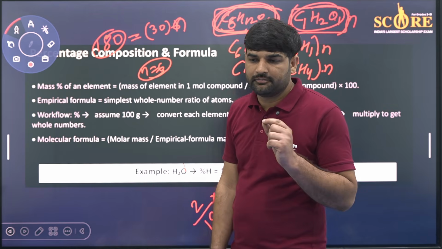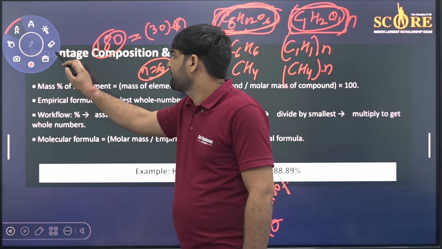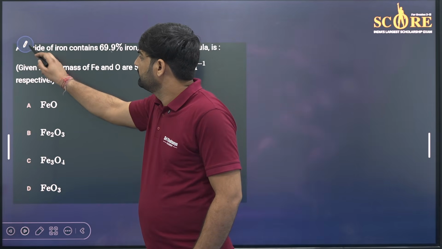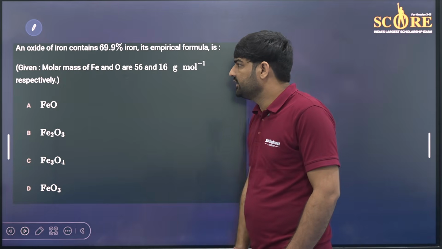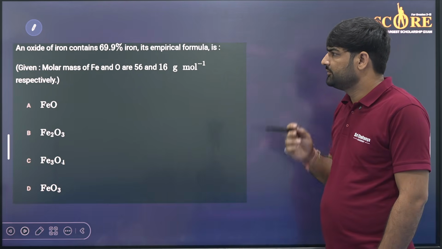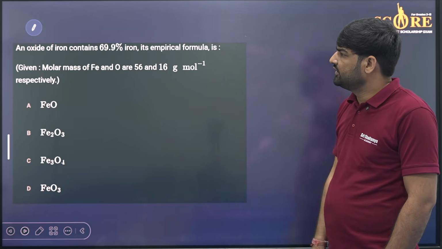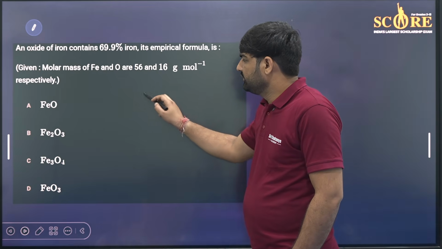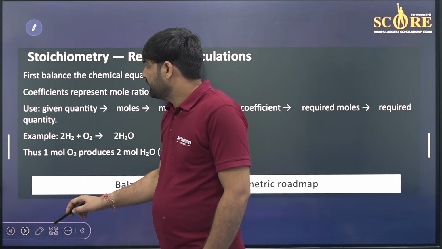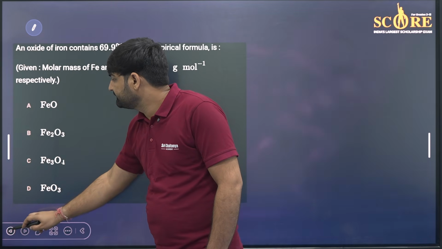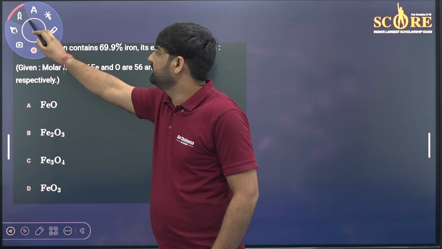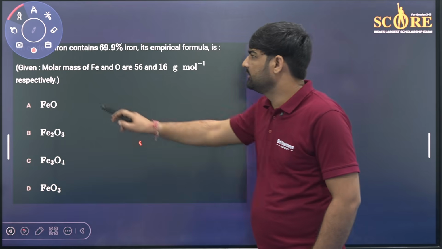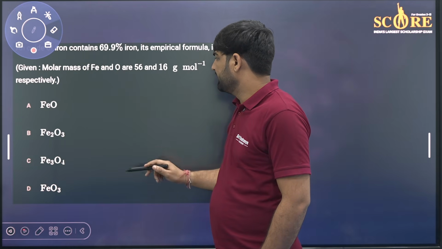So we take a simple example for empirical formula. Now, this is an example. An oxide of iron contains 69.9% iron. Its empirical formula we have to find. So, first of all, you have to assume total mass equal to 100 gram.